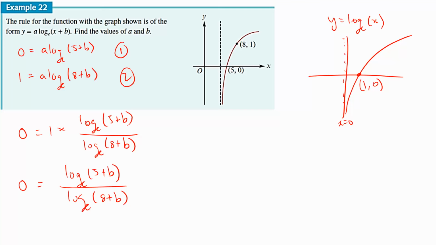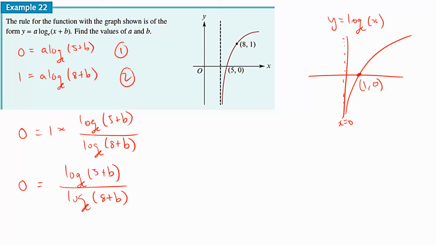Okay? So if you don't like it, you can times both sides. It's okay to say, I'm going to multiply both sides here. It's when you divide that you're going to be careful. So when you divide, we know that we can't divide by 0, but you can times by anything you want. So in this case here, I can say times by log E of 8 plus B, and times the left-hand side by log E of 8 plus B. It'll be the same thing.